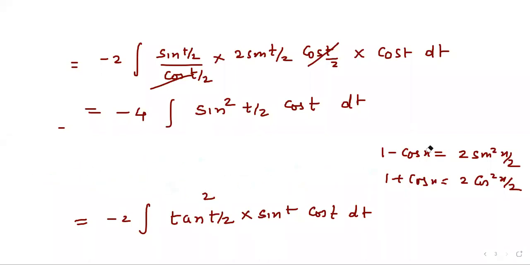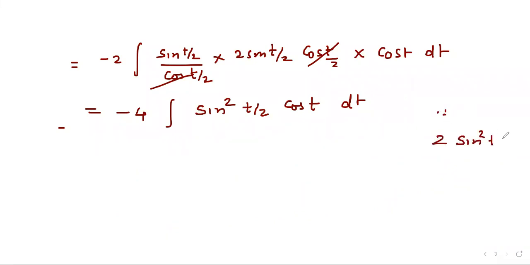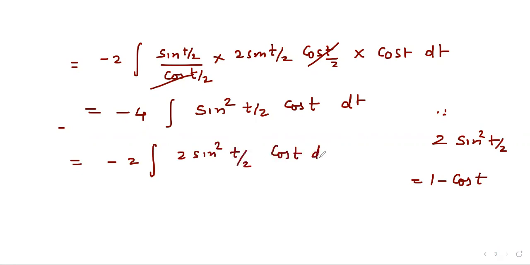Further, since 2 sine square t by 2 equal to 1 minus cos t, here we can write it as minus 2 times 2 sine square t by 2 cos t dt, and in place of 2 sine square t by 2 we can write 1 minus cos t.